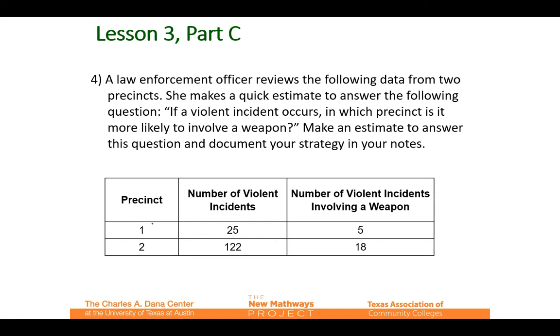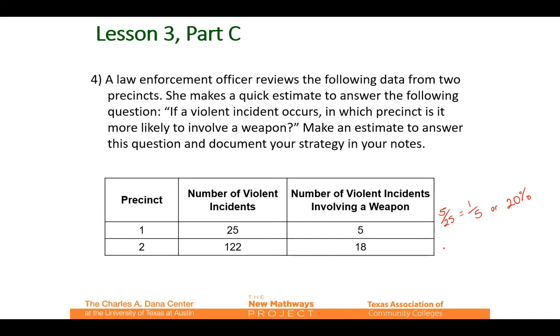Well, look, for precinct 1, if there are 25 violent incidents, about 5 of them involve a weapon. Well, I know that 5 out of 25 is about 1/5 or 20%. Remember, we said that earlier. 1/5 is 20%.